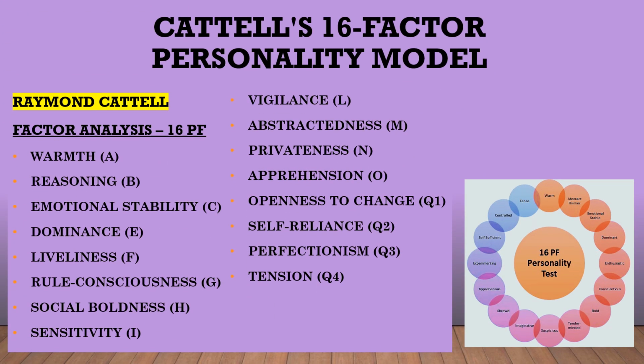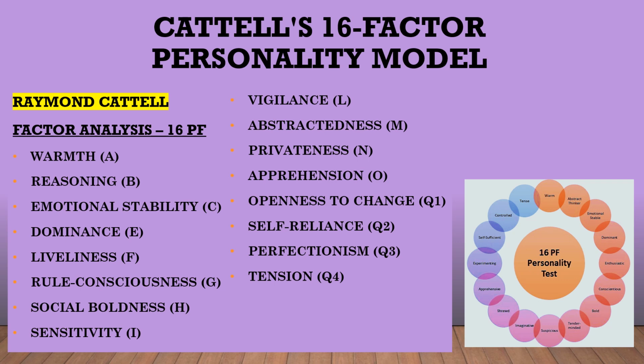Cattell's 16-factor personality model. Trait theorist Raymond Cattell reduced the number of main personality traits from Allport's initial list of over 5,000 down to 171. He did so primarily by eliminating uncommon traits and then combining common characteristics.